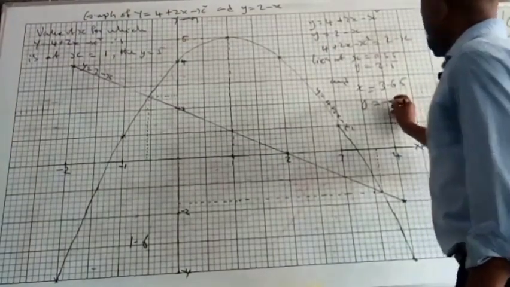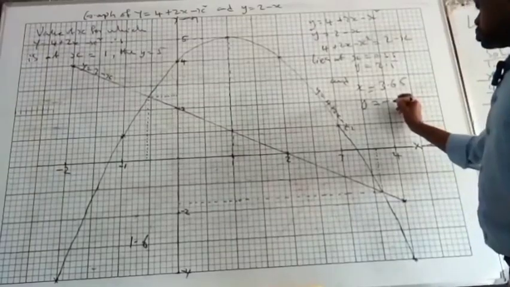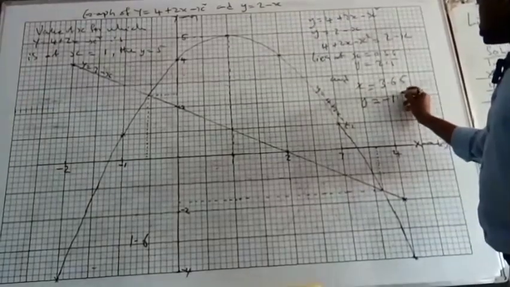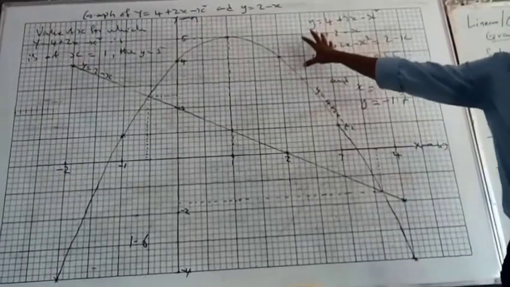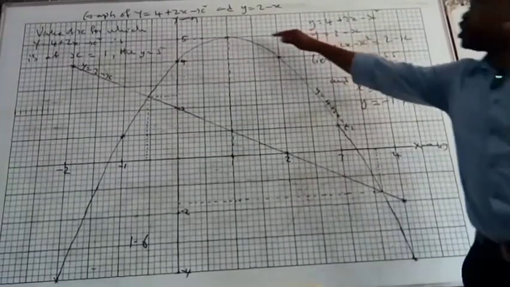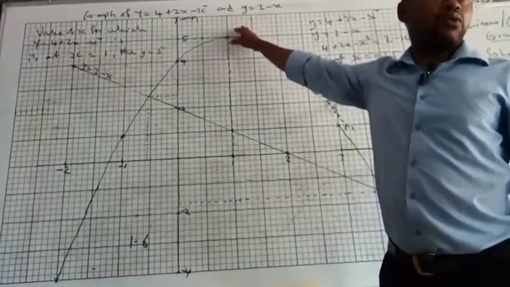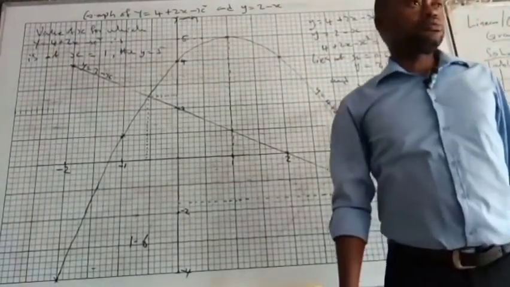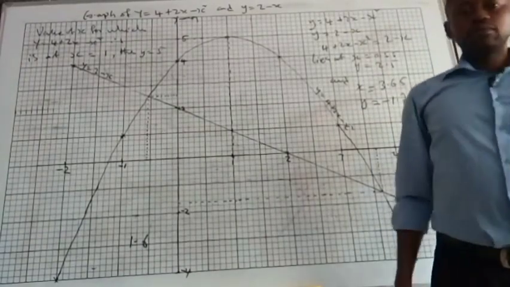That will be minus. I hope you know we're in the negative direction. Yes. Minus 1.7. This is how to find the solution of this pair of simultaneous equations. One is linear and one is quadratic. Is that clear?